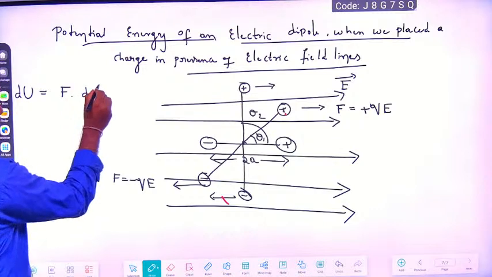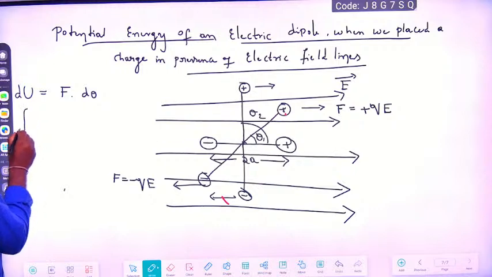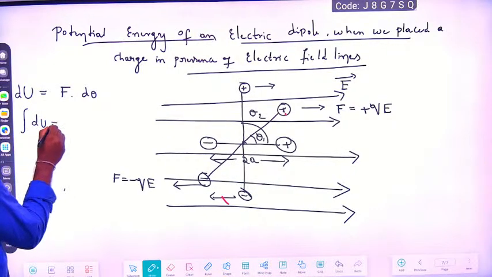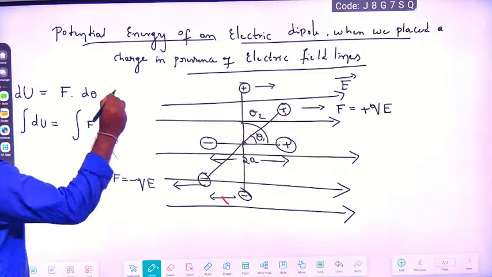This is the same as work done, so potential energy is equal to F into d theta. Understood? So integration of dU is equal to integration of F into d theta.